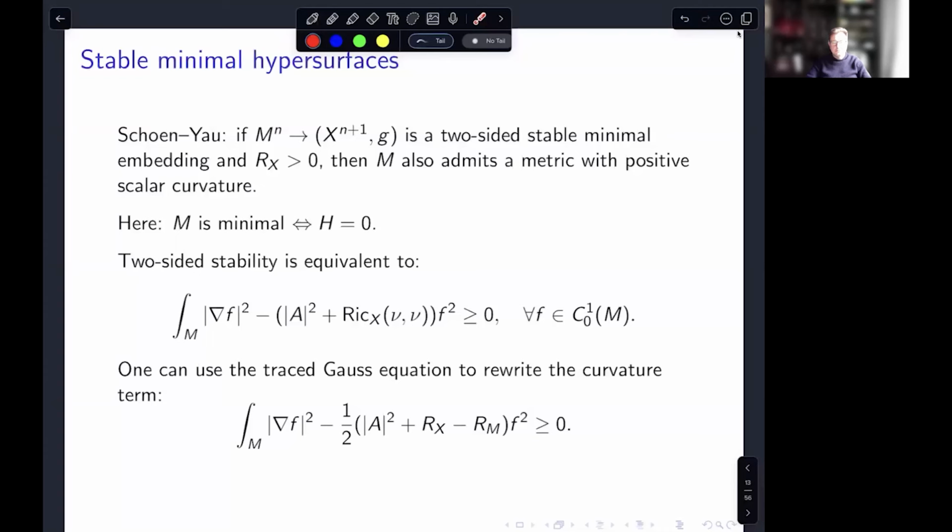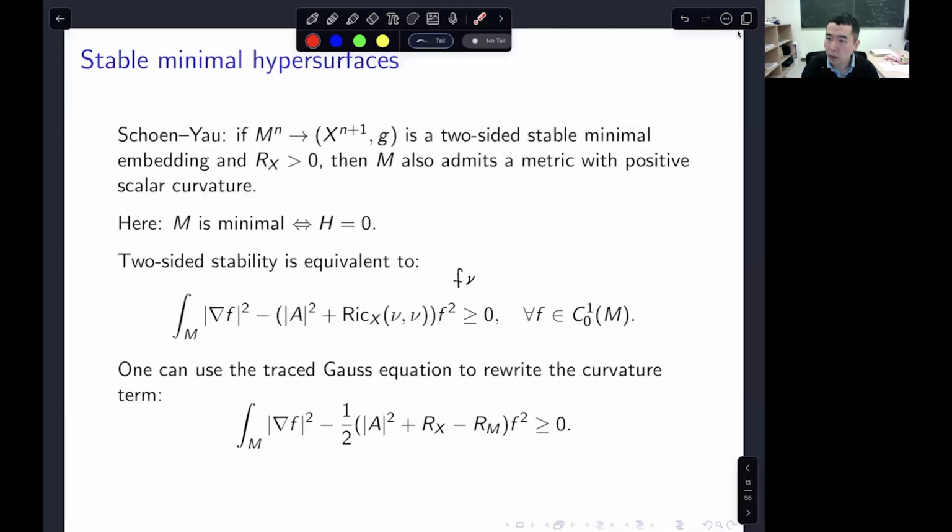Here, in order for this to make sense, I'm implicitly assuming that in the two-sided case, the variation is given by f times the unit normal field. But if you do not have a globally defined unit normal vector field, then you can't really do that. Still, you can take the double cover, for instance.